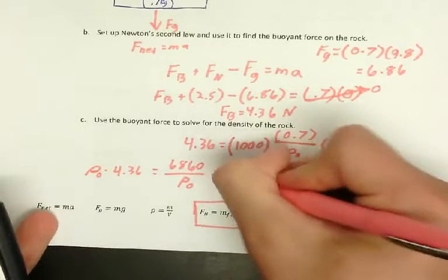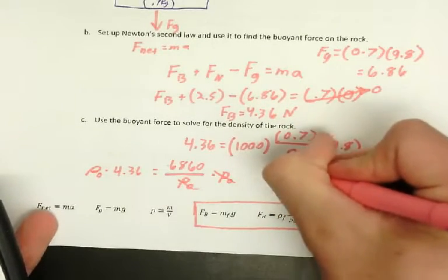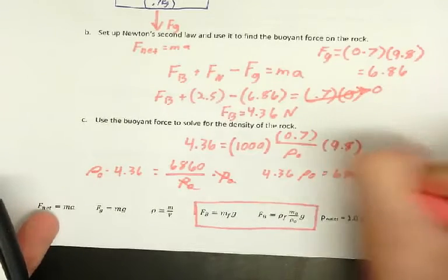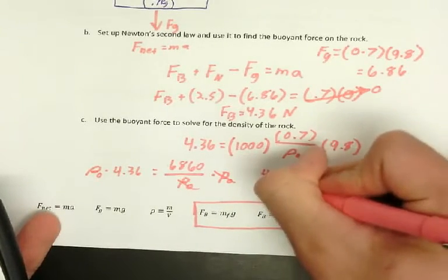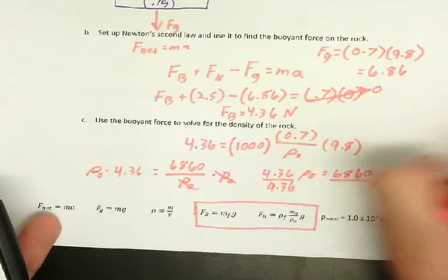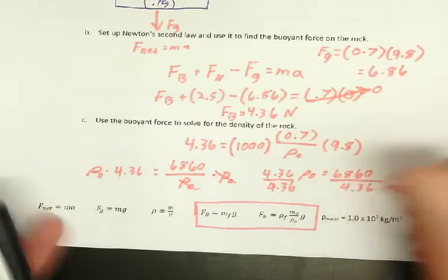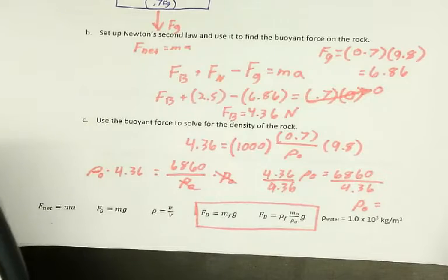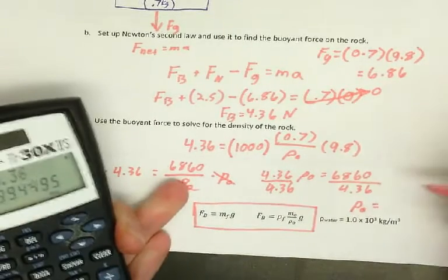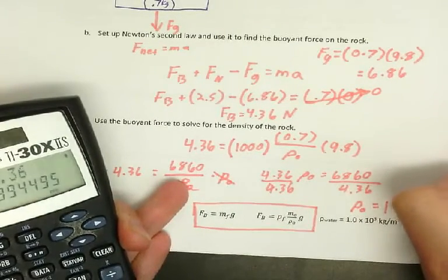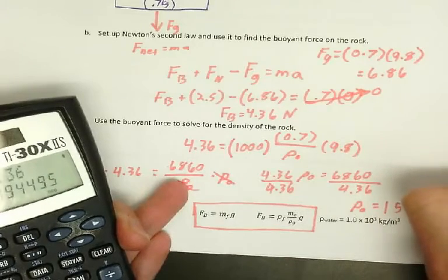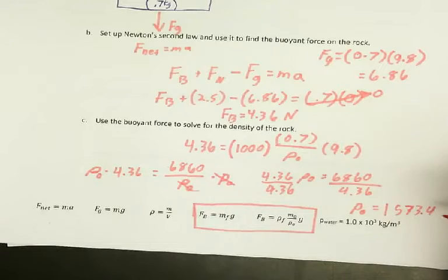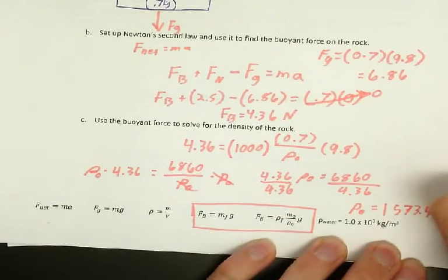So that cancels out over here. So now we've got 4.36 density object equals 6,860. Divide both sides by 4.36. And we get 1,573.4, or that would be 1.57 times 10 to the third if you were doing it in scientific notation.